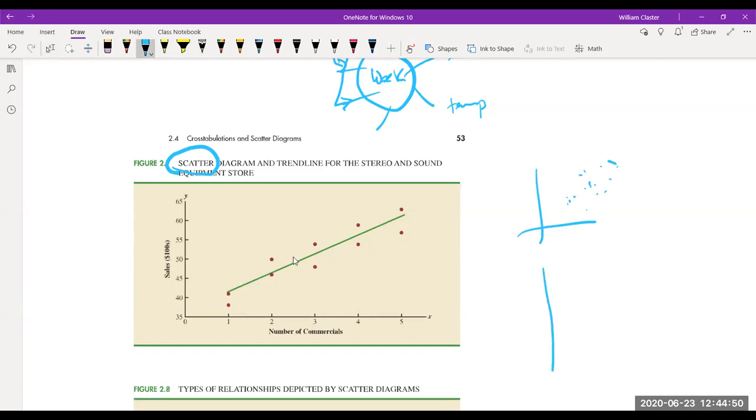Now, once we have the scatter diagram, suppose we had this and this and this and this, then we might try to find what we call a relationship between the two variables, between X and Y.